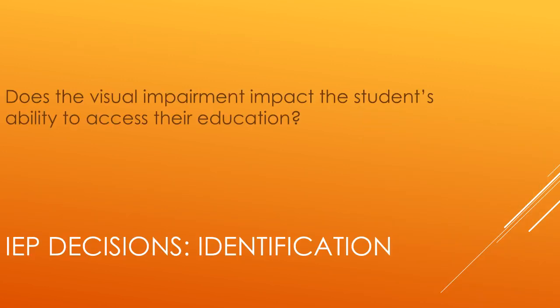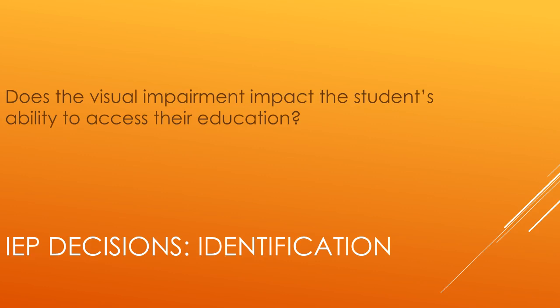All right, so this week we'll be talking about IEP decisions. From my own perspective, I feel like the IEP process is just a series of questions that I have to ask myself. What does my student need? From the very beginning is identification. If you've got a student on your caseload and you're starting from scratch with this person, it's identification.